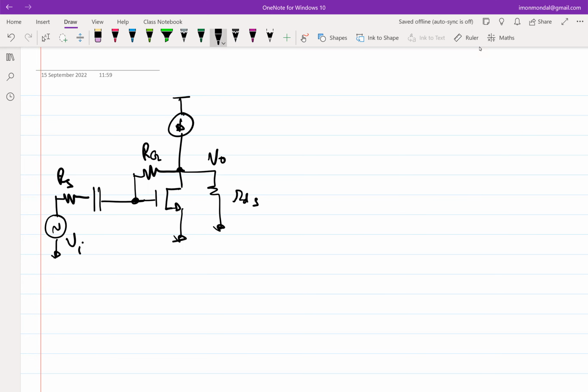And we came up with some condition for which this V0 over Vi will behave approximately equal to Gm times RDS, right?